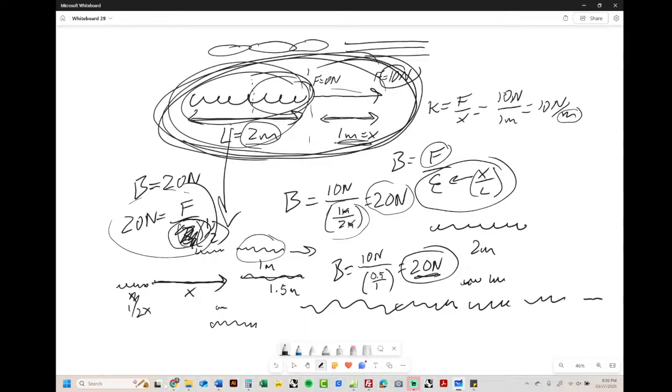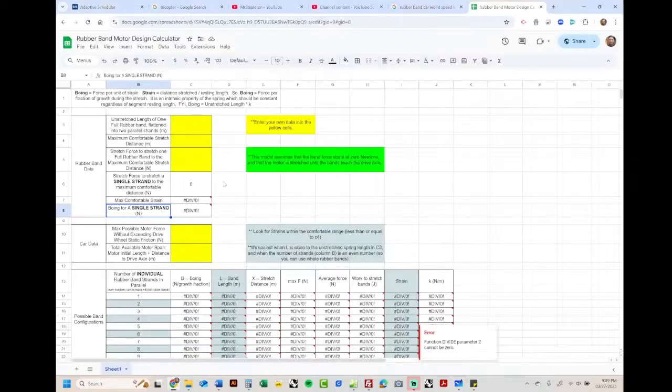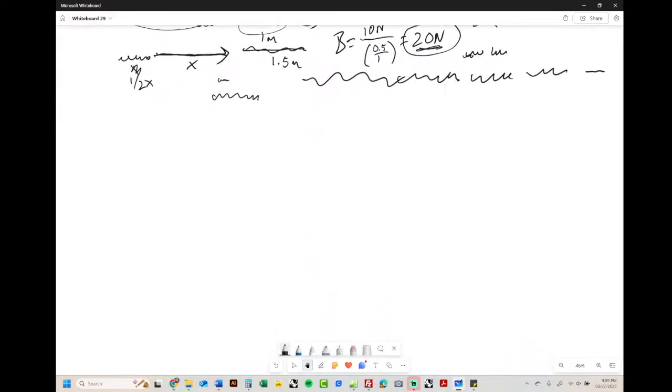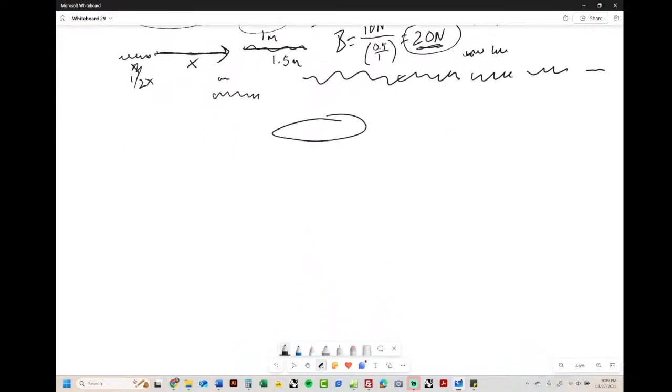Now I'm going to jump to the spreadsheet and explain how to do this. So first, unstretched length of one full rubber band flattened into 2 parallel strands. What I'm talking about there is take a rubber band like this and flatten it out so it's like that, and then measure this length. And I did this earlier, and this length was about, I'm rounding now, 0.1 meters.